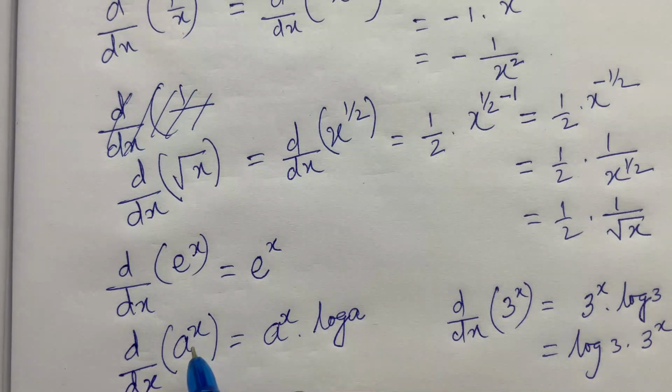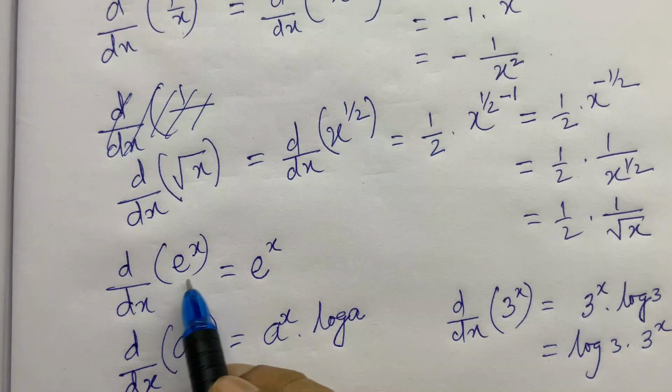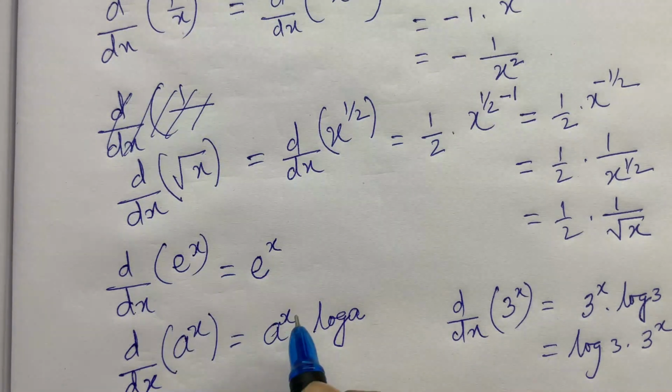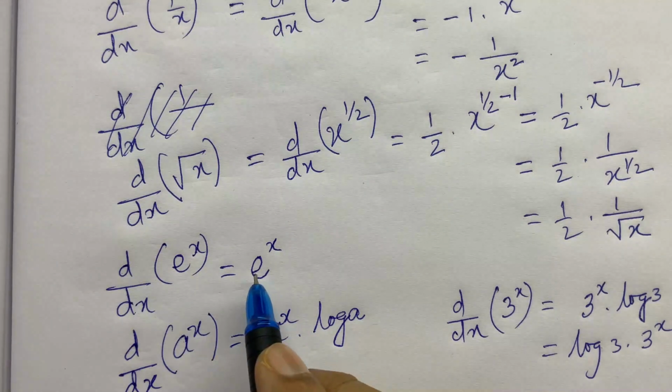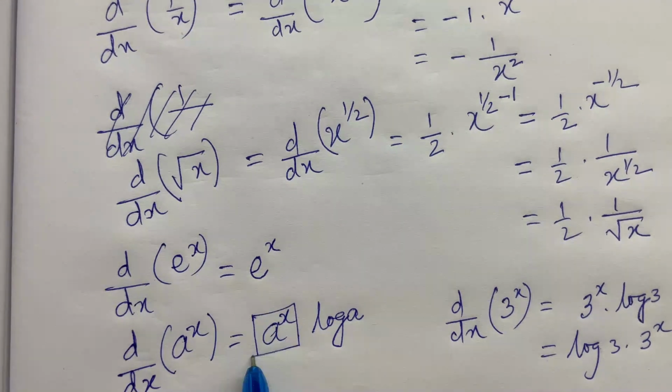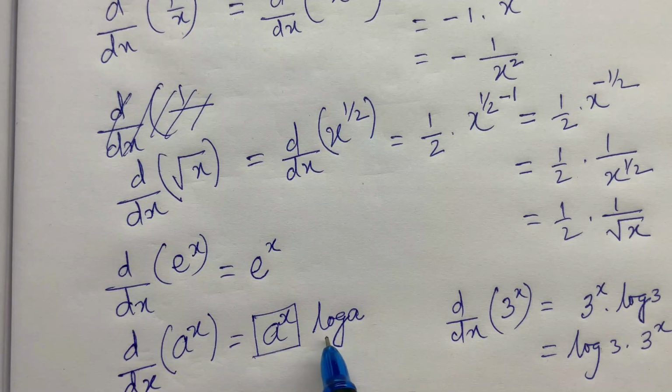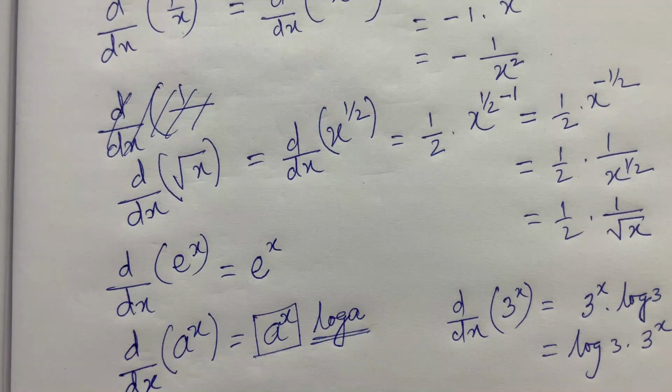So in a to the power x we get the same a to the power x, as with e to the power x, but the only extra term is log a.